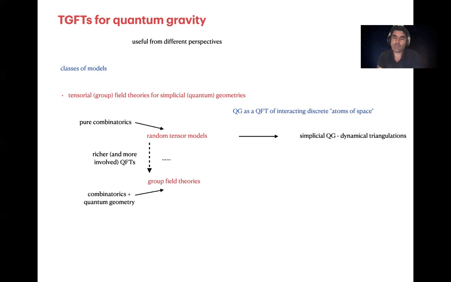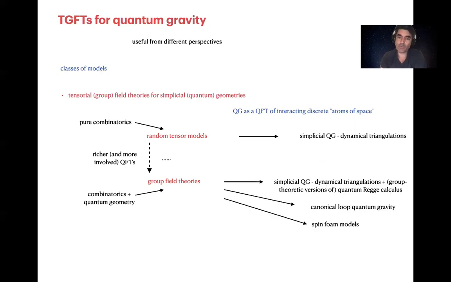So the connection to quantum gravity from the random tensor model point of view is that they define simplicial quantum gravity in the same spirit as dynamical triangulations, as we're going to see. For group field theories, we have a richer form of simplicial quantum gravity definition, with additional data also being dynamically summed over.